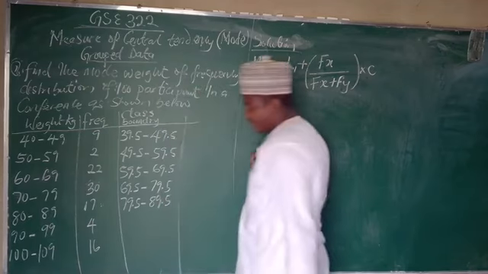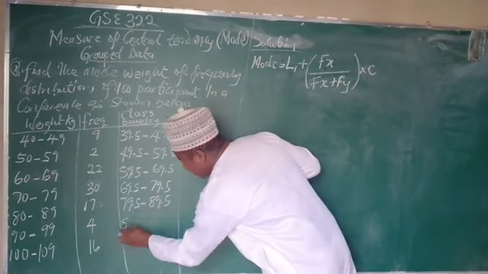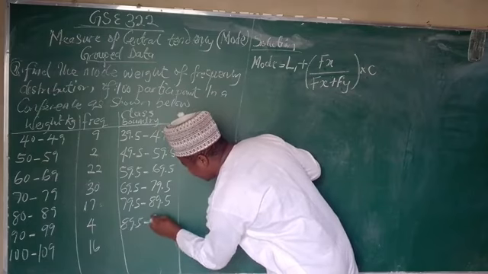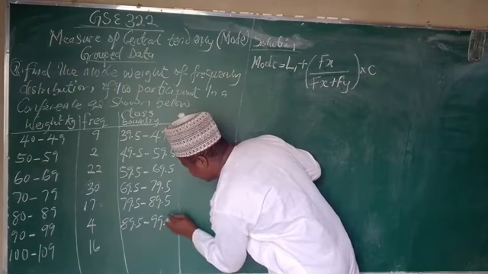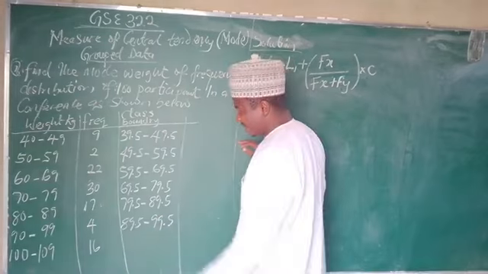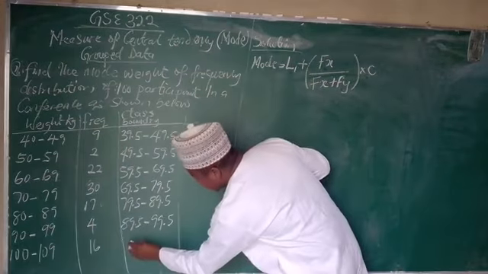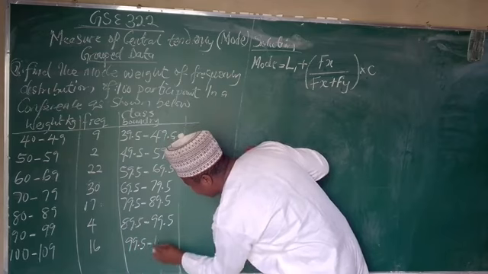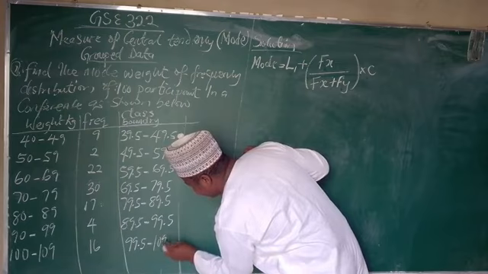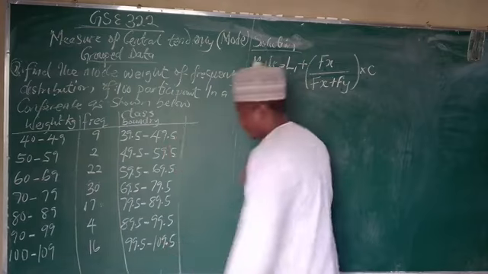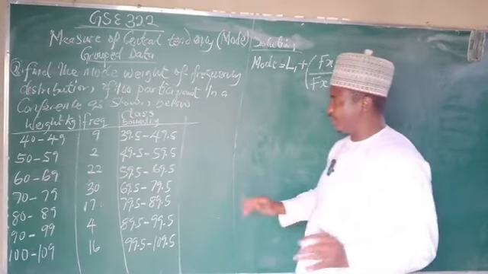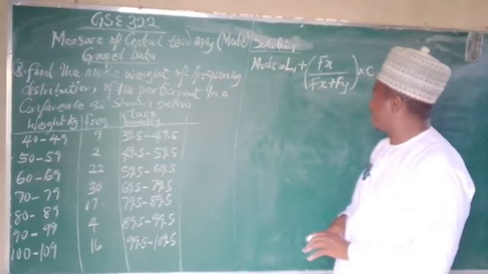Then second to the last is 89.5 to 99.5. Then the last one is 99.5 to 109.5. So we have gotten our class boundary.